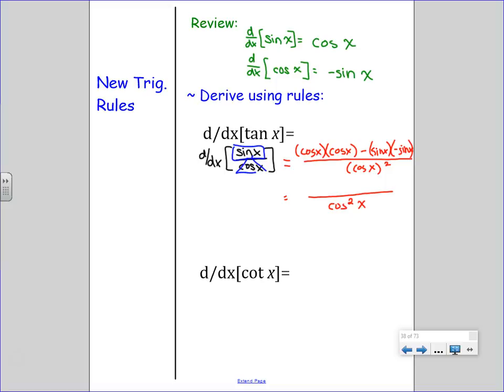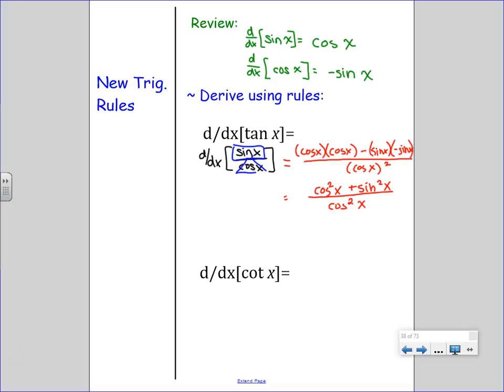So how can I rewrite the top? Nice. Cosine squared of x plus, and negative times a negative is a positive, plus sine squared of x. Oh, that's a disgusting derivative. Ugh. Isn't that 1?